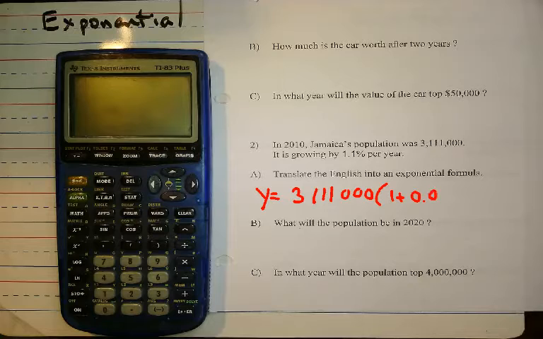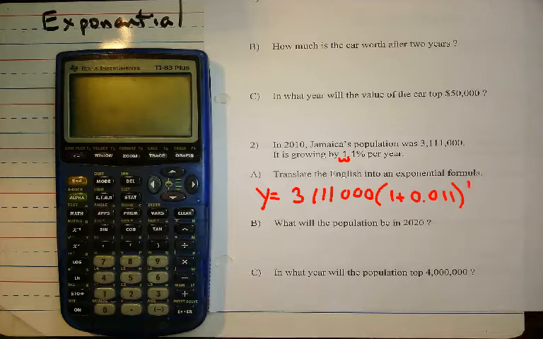So that's going to be 1 plus 0.011. Right? Because when I move this decimal place 2 times to the left, that's what I come up with.